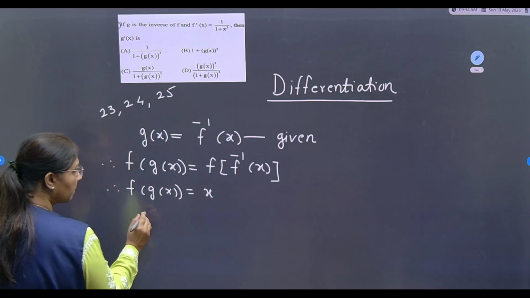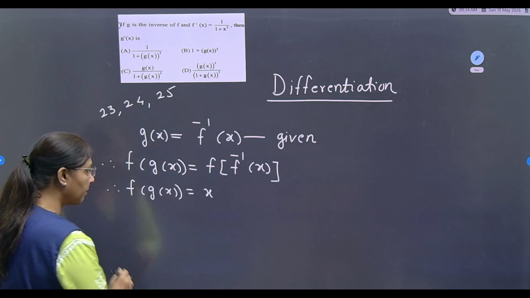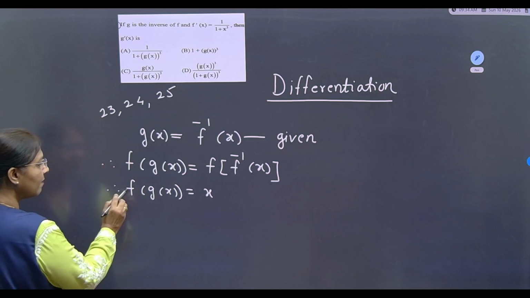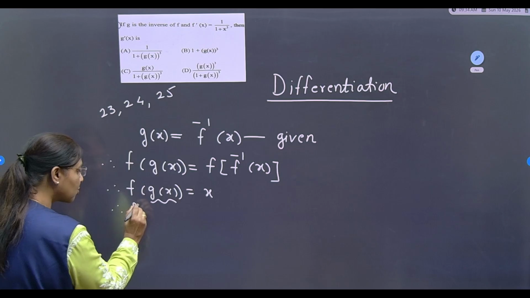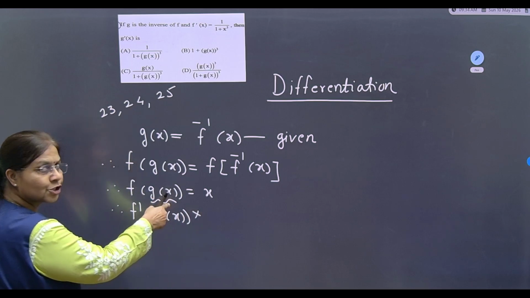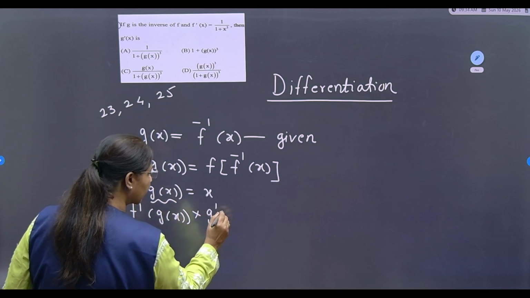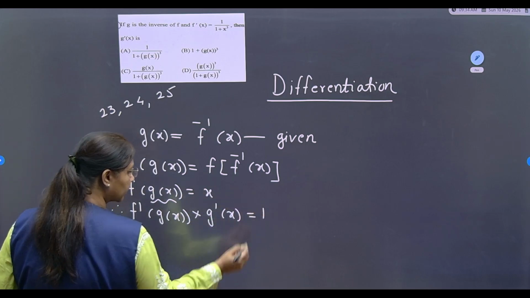Then next step is differentiating both the sides with respect to x. Therefore, we get derivative of f of g of x, f dash of g of x into derivative of g of x, g dash of x, is equal to derivative of x with respect to x, 1.